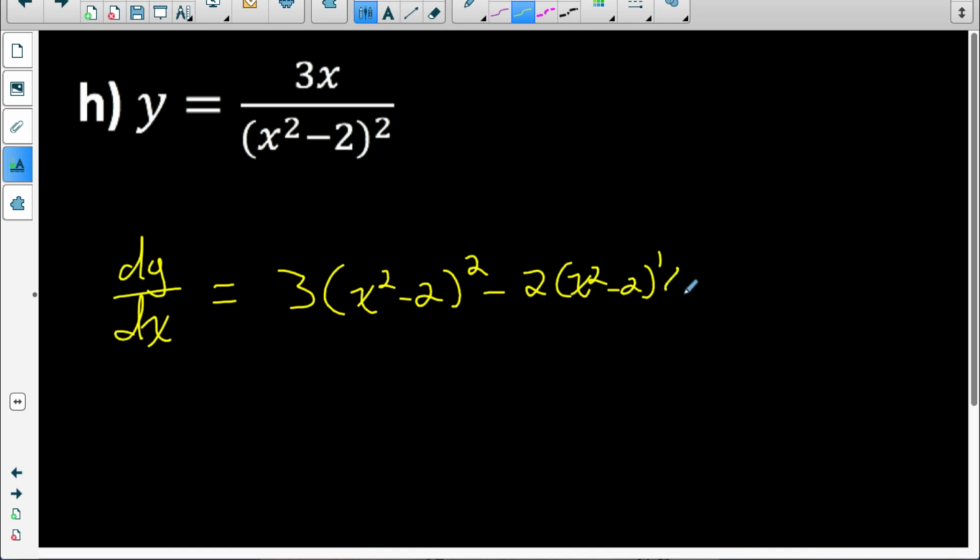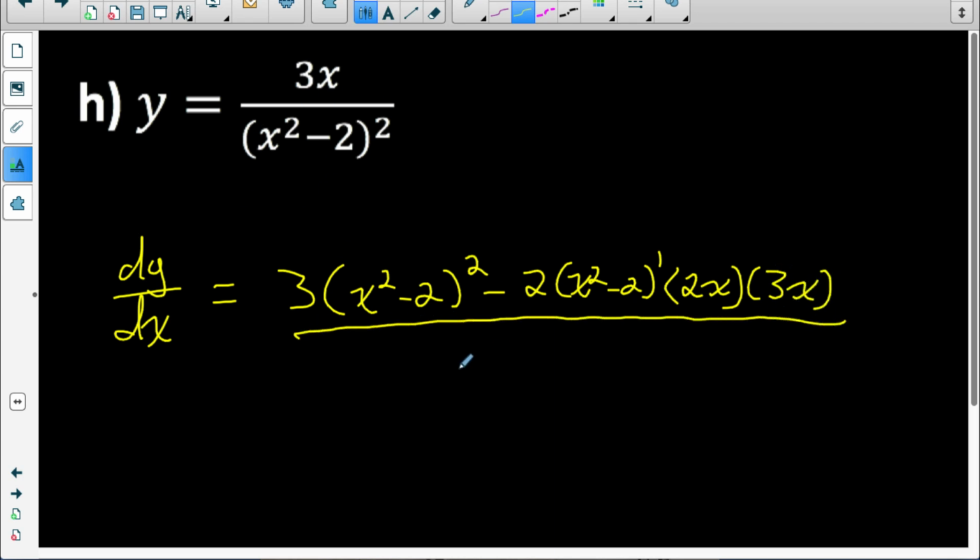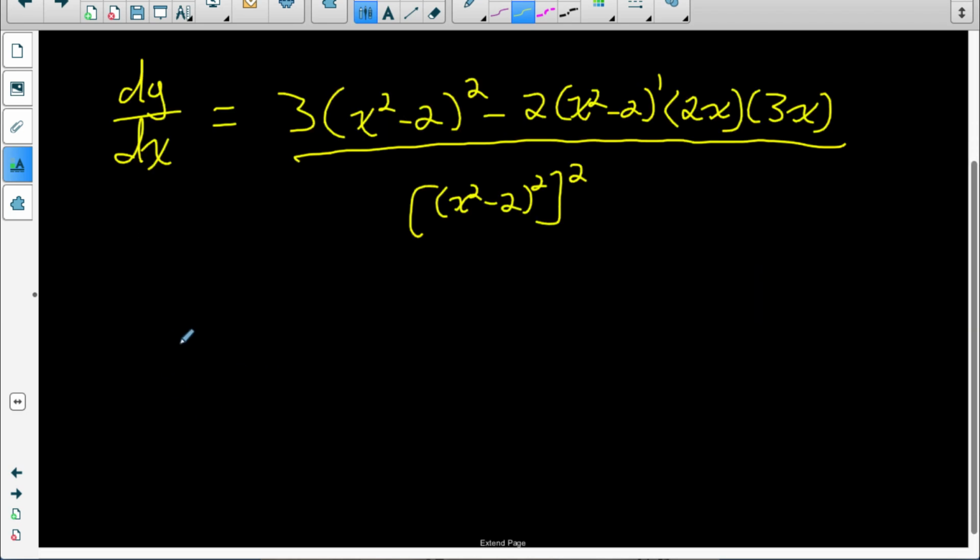The derivative of x squared minus 2 is 2x. And so that's the derivative of the denominator, but that then has to be multiplied by the function in the numerator, so by 3x. And that gets put all over the denominator squared. So all over x squared minus 2 squared, squared. Now let's simplify this up.